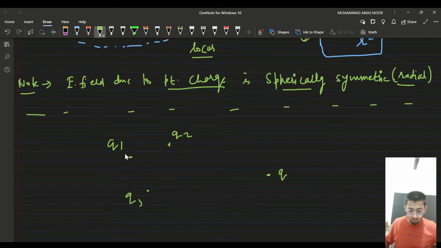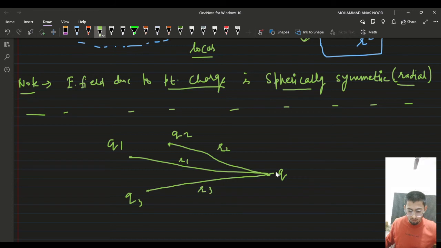Let's say this is the r vector for this, r1, this is r2, and this is r3. The field would be pointing in this direction because the force due to this would be in this direction, force due to this would be in this direction, and force due to this would be in this direction.